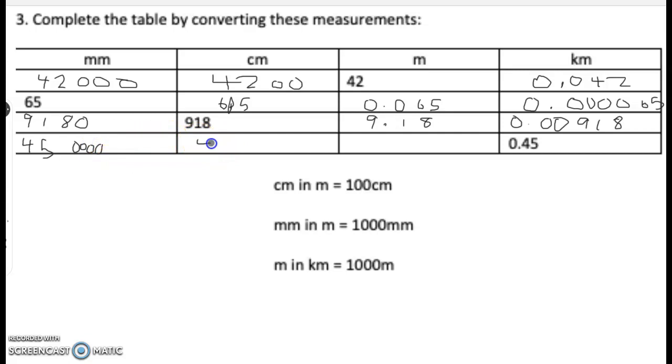And for centimeters, it's 45 and 3 zeros. 1, 2, 3. And for meters, it's 450 meters. Okay? Well, that's the answers.